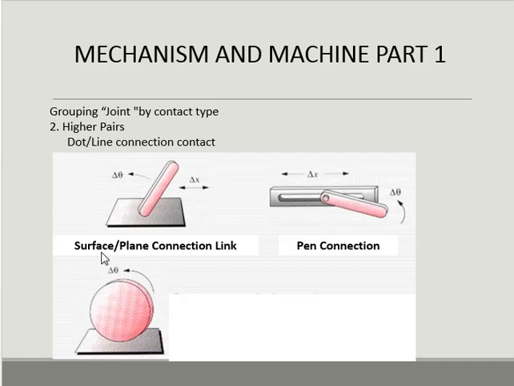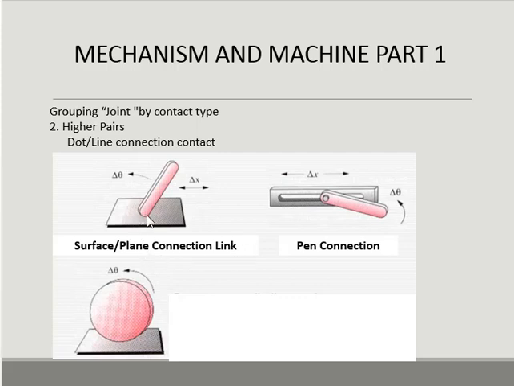This is a surface of plane connecting link, and the second sample is plane connecting link. This is half rotation motion and x-axis motion like this. This has a connection contact with a line.